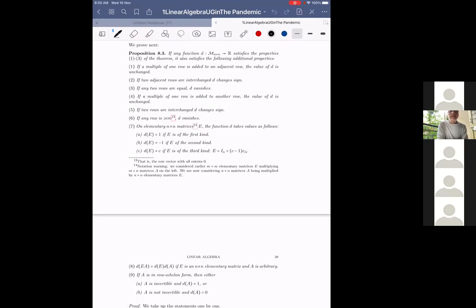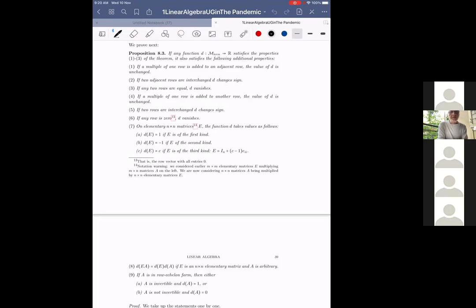So it says that if a multiple of one row is added to an adjacent row, the value of D is unchanged. If two adjacent rows are interchanged, D changes sign. If any two rows are equal, D vanishes. So note that earlier we proved that for the determinant, if two adjacent rows are equal, D vanishes. So we are assuming that for D also.